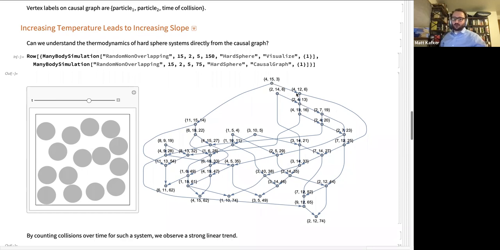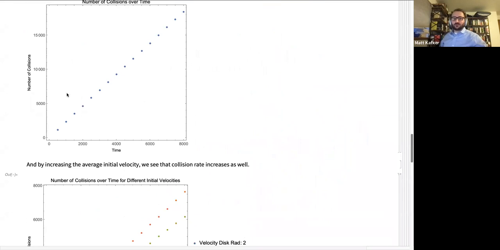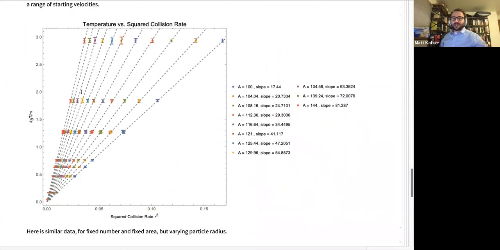Well, 1, 2, 3 nodes by t equals 13. How about 74? Well, it's however many nodes are up here. So you can count this directly from the causal graph. That gives you a curve like this, which is the number of collisions over time. You measure the slope, that's the collision rate, and the collision rate directly gives you the temperature. They're linearly related. So the temperature is in the causal graph.